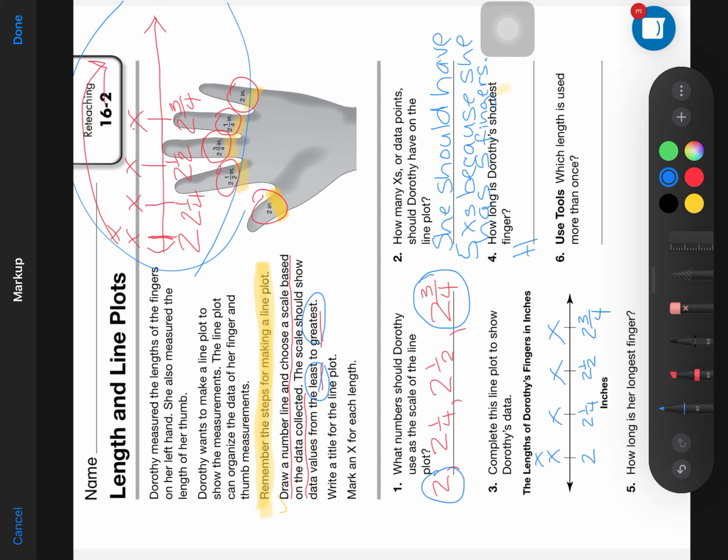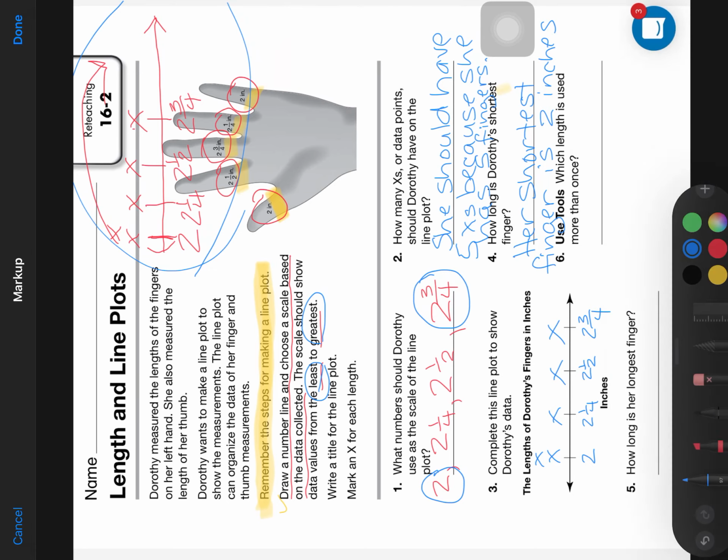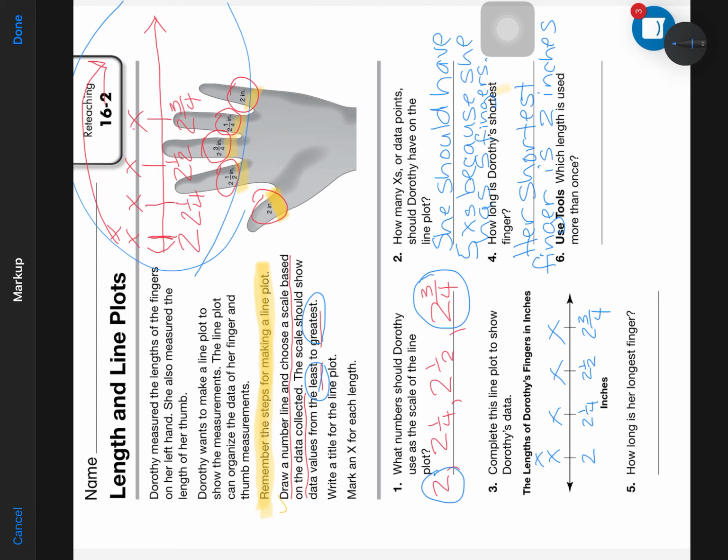Okay? How long is Dorothy's shortest finger? I think her shortest finger is 2 inches. How long is her longest finger? Okay, and the longest finger is going to be this one.